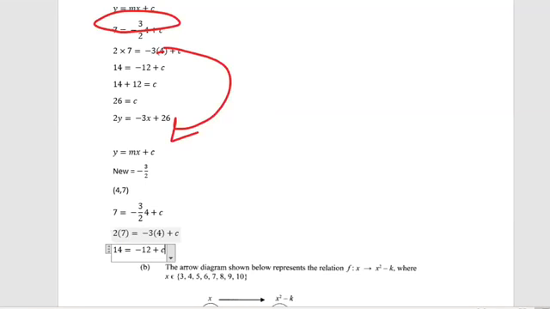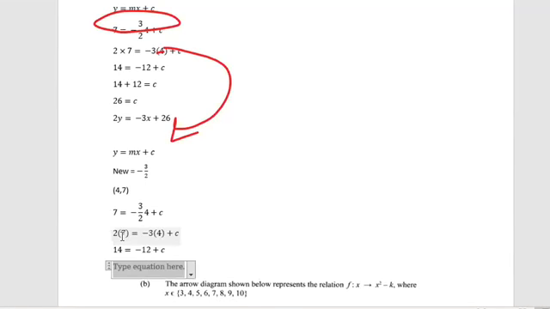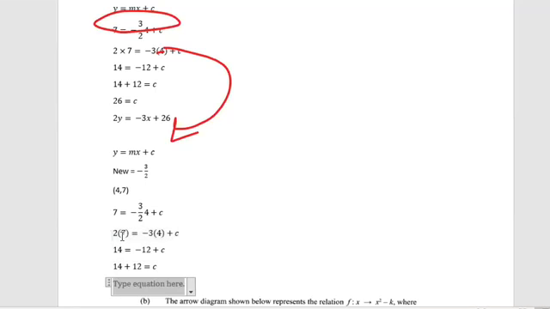Now I'm solving for c, because c was the only thing in this equation that I did not know. So it becomes 14 plus 12 is equal to c, my y-intercept, which is 26. So 26 is equal to c.